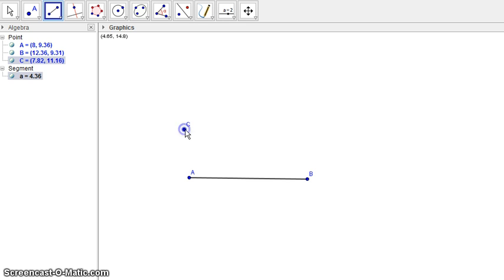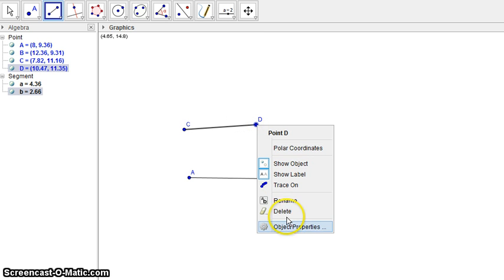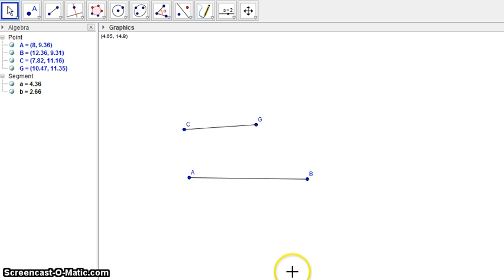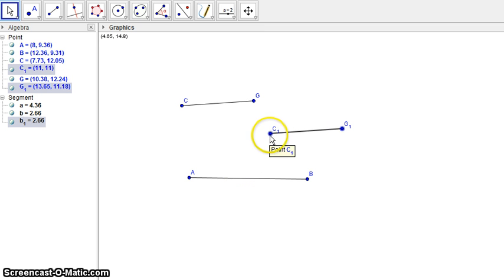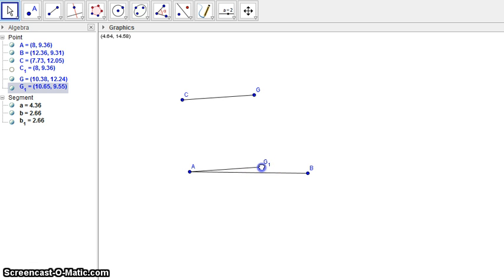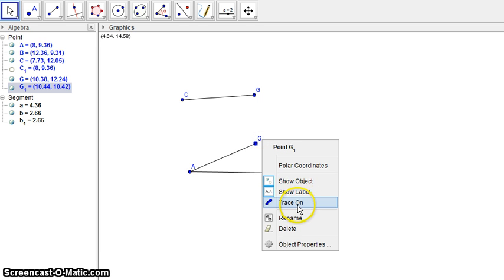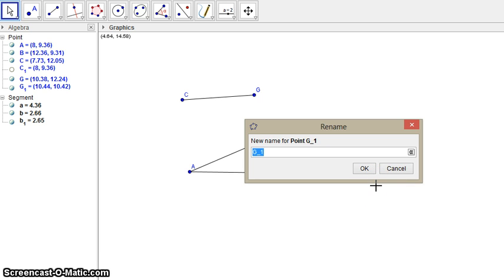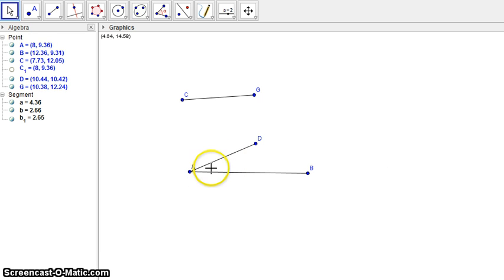Then I'm going to make CG so that CG is smaller than AB. The next step was to make AD the same length as CG. The proposition that lets us do this is proposition 2, which we just went over in class. AD is equal to CG.